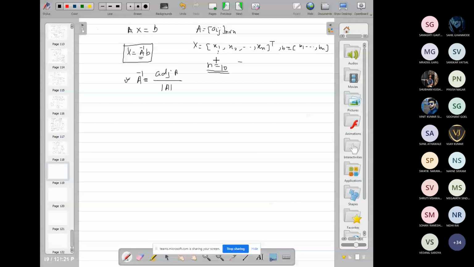To find the inverse of a matrix, there are many methods. One is the Gauss-Jordan method.